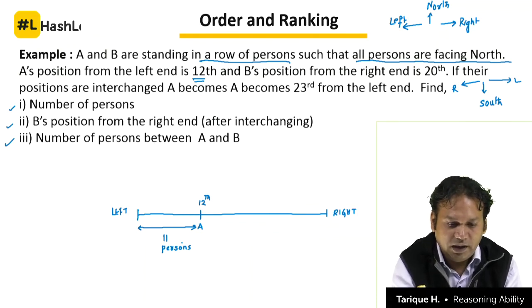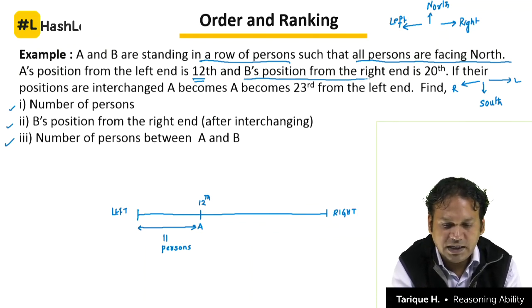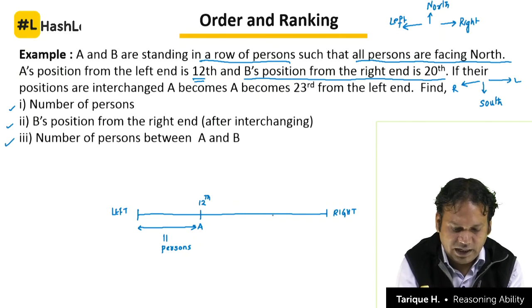Now B's position from the right end is 20. So from the right end, B is the 20th from the right end. This is from the left end, this is from the right end.